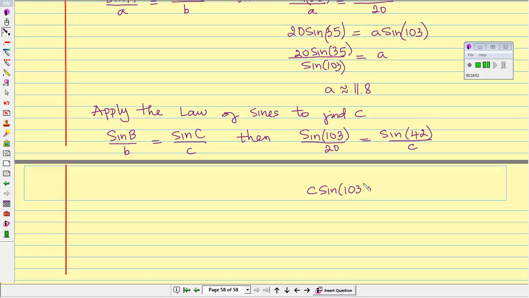So you will end up with c times sine of 103 equals 20 times sine of 42. Now we need to find c, so we divide both sides by the number sine of 103.